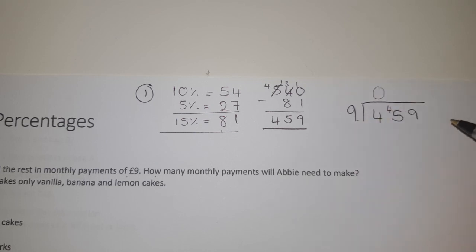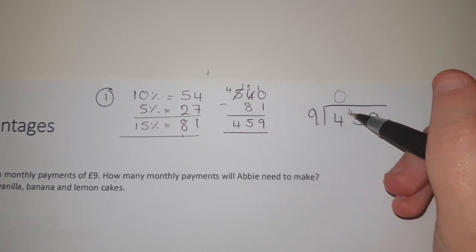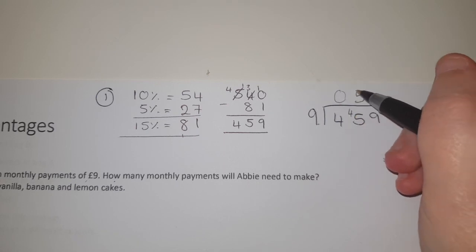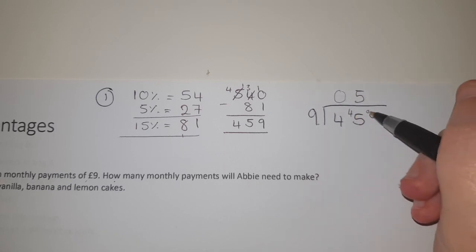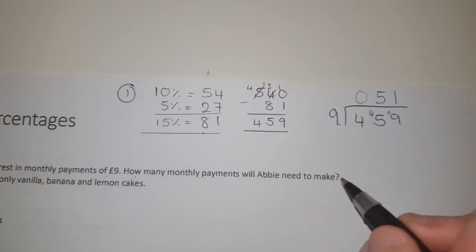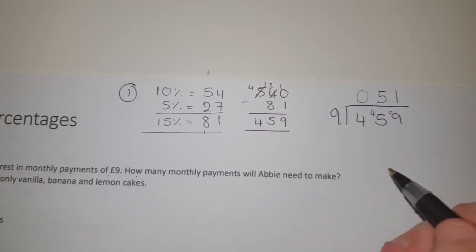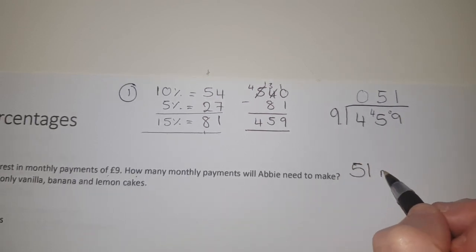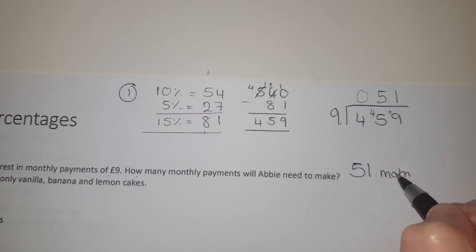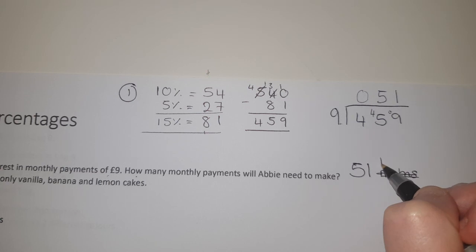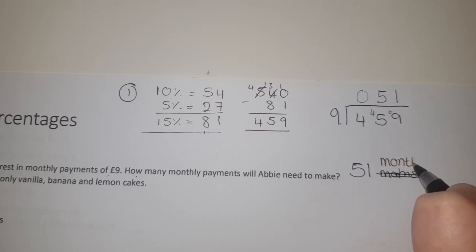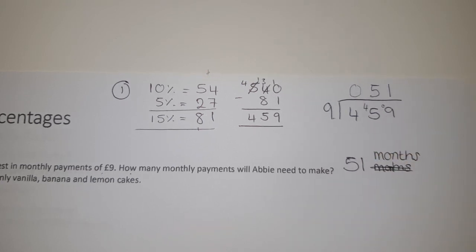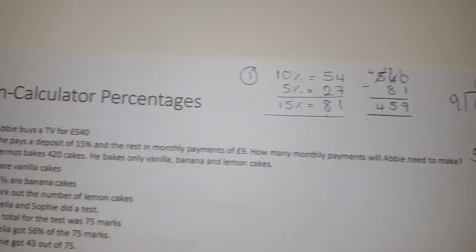We carry the 4 across because we haven't used it yet. 9s into 45 go 5 times with 0 left over. 9s into 9 go once. It would take 51 monthly payments. And I missed an N. 51 months. I'm just going to write that again. Okay, to pay off the amount that she owes.